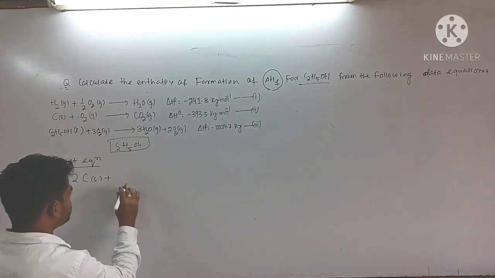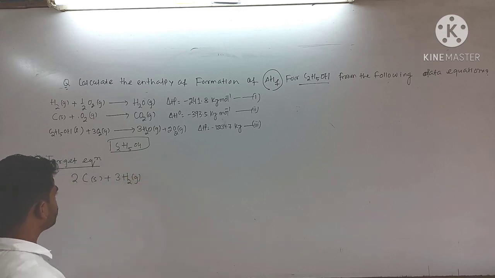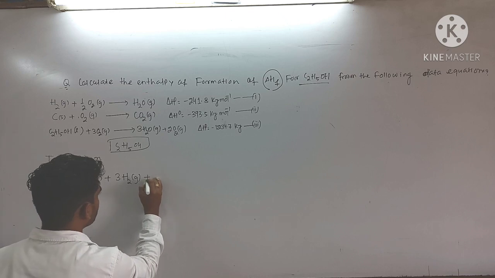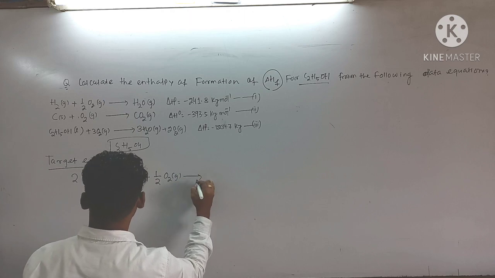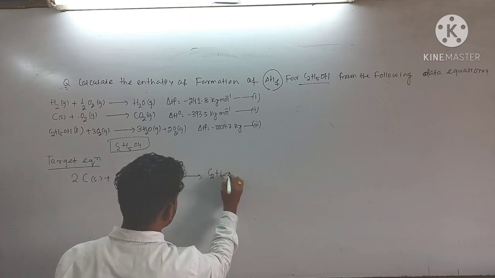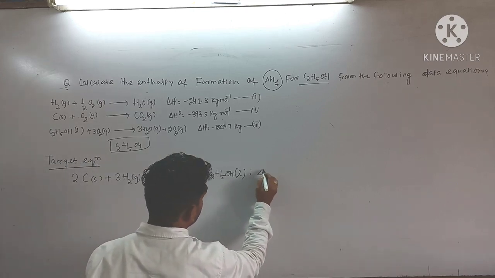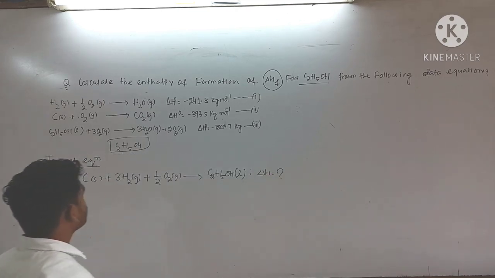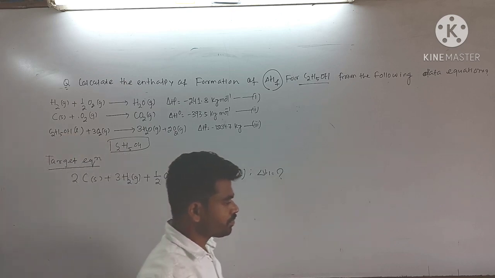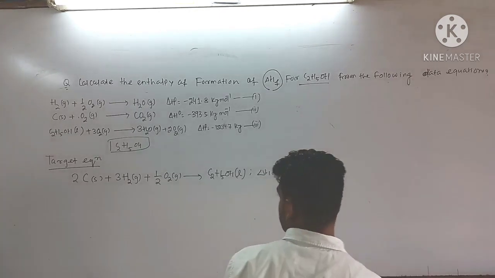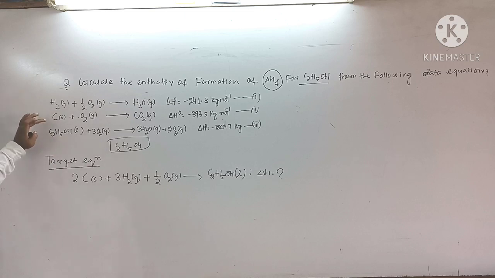So 6 hydrogen means 3H2 gas, plus 1 oxygen atom is there, so half O2 gas, giving rise to C2H5OH liquid. And for this equation you have to calculate del H with the help of these equations.